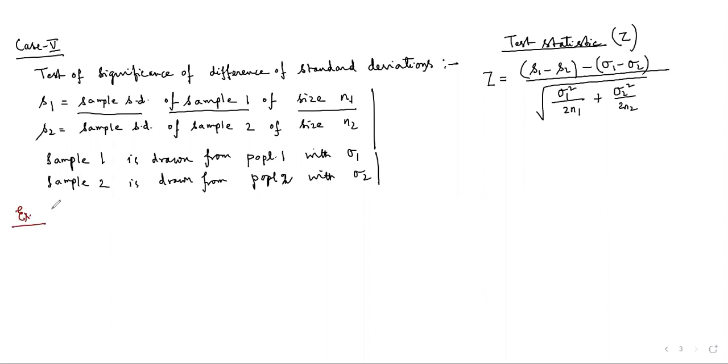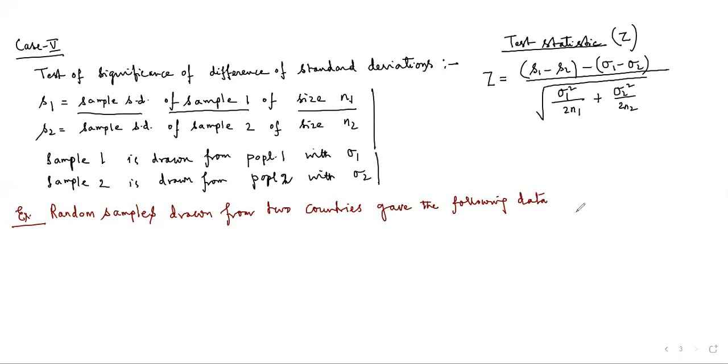So here is a problem. Random samples drawn from 2 countries gave the following data relating to the heights of adult males. The data is as follows.